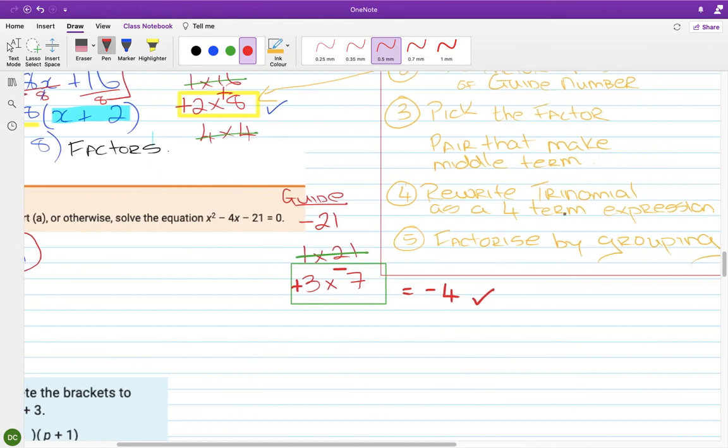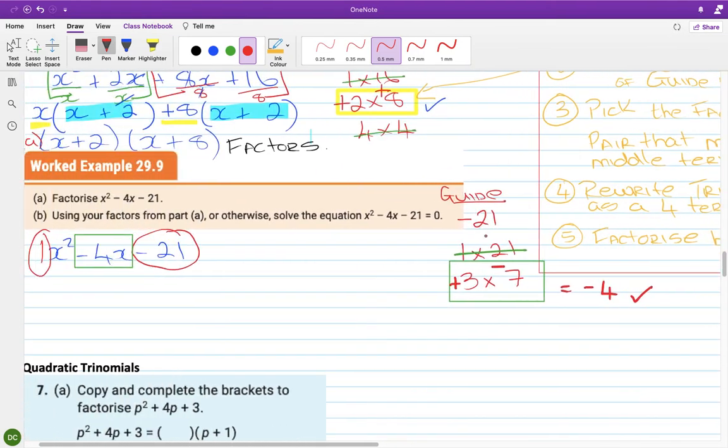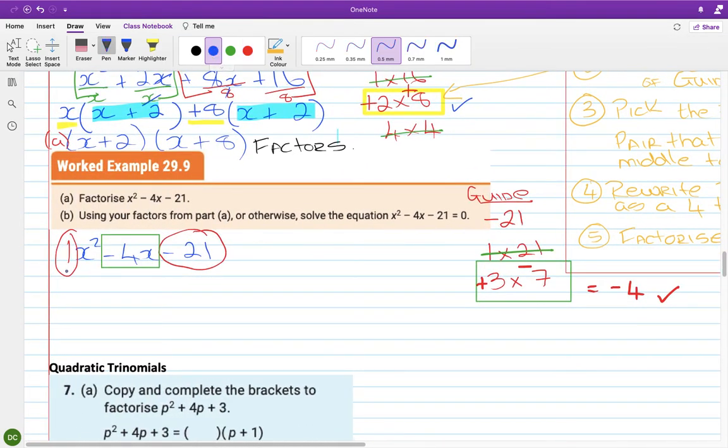Okay, now I'm on step 4, which is rewrite the trinomial as a 4-term expression. So the x squared is unchanged. This gets split up, so plus 3x minus 7x. Now, the x's aren't over here, but don't forget to add them, okay, because they have to be added because it's the 4x that you're splitting up, and then minus 21.